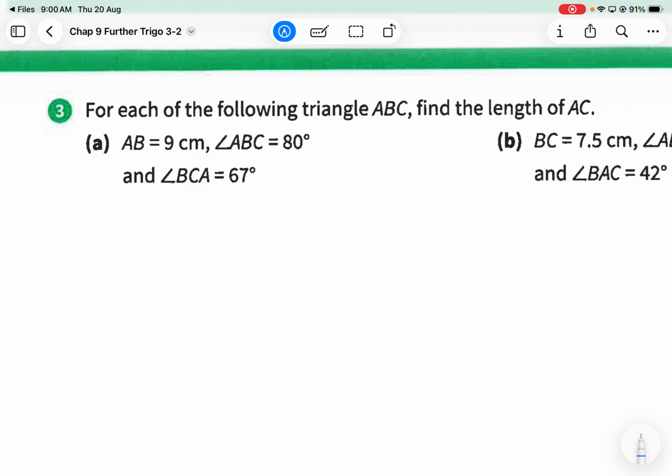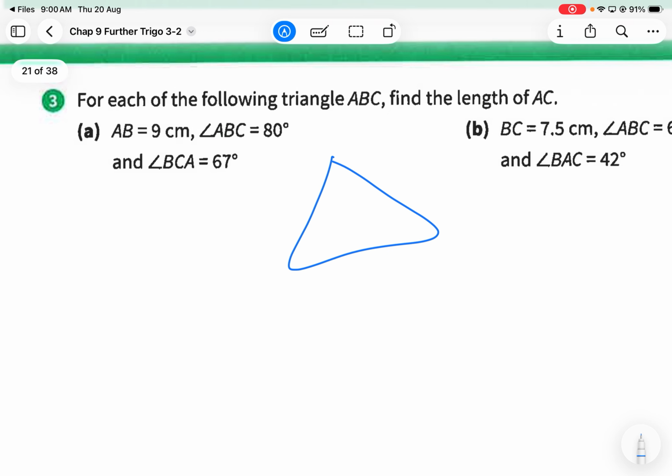For each of the following triangle ABC, find the length of AC. Don't go and imagine all this in your head. It's easier to sketch. Okay? Triangle. Do I need to worry which one is A, which one is B, which one is C? Don't need.